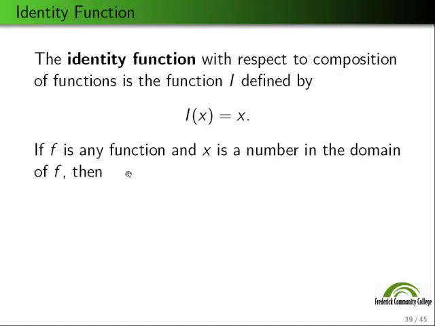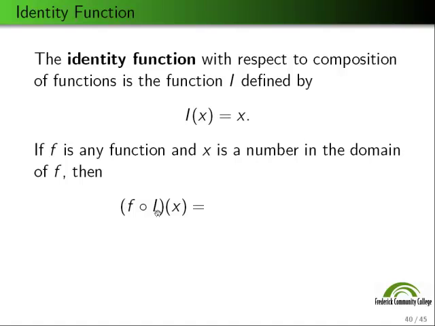And to see that a little more clearly, assume we have f as any function and x is a number in the domain of f. What we're going to show is that when we compose f with I, it does not change f. Just like in multiplication, multiplying by 1 does not change the thing that we're multiplying, or with addition, adding 0 does not change what we're adding.